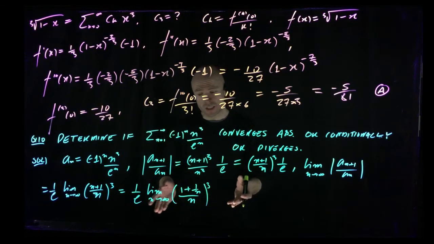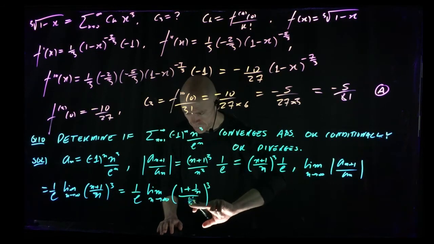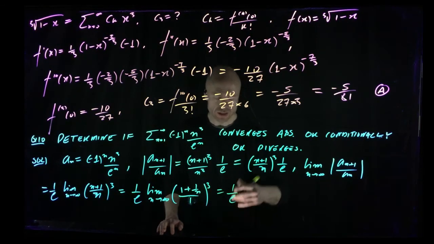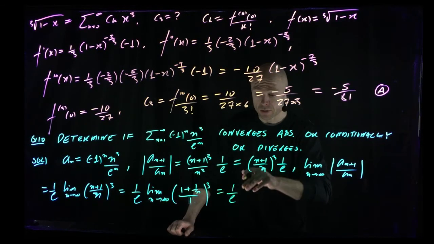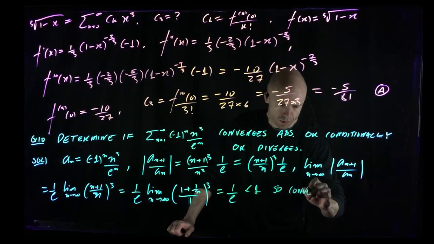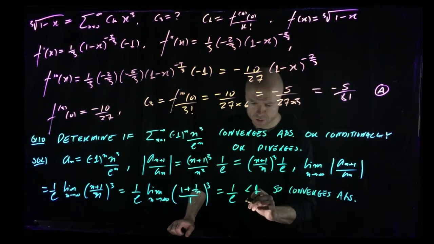Something to the 3 is a continuous function. We can pass the limit inside, and the limit of this is just 1, so this is just 1 over e. E is like 2.7 something, so this is indeed less than 1, so it converges absolutely by the ratio test.